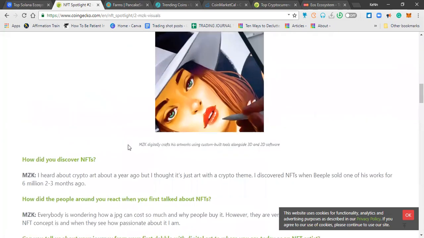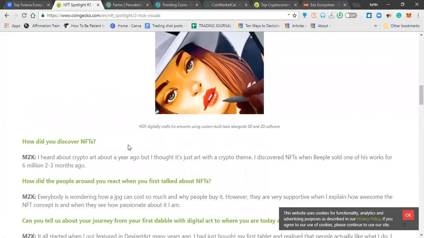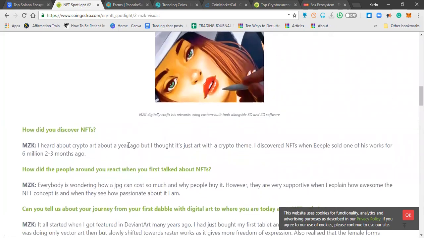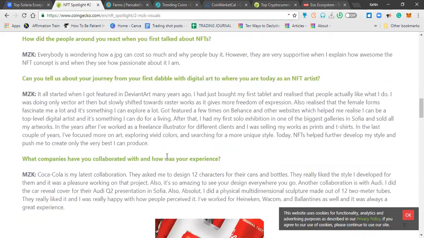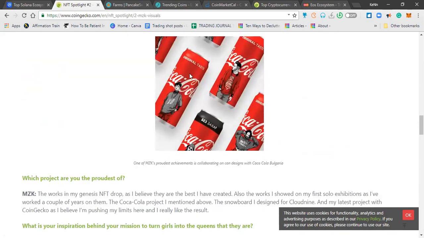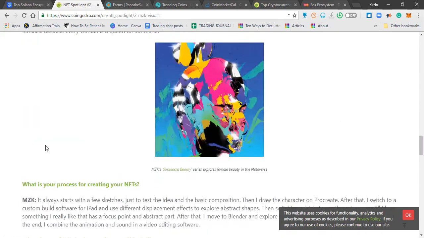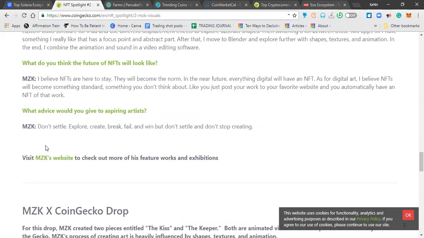He's painting. Okay, see now. He writes about himself, his NFTs. Okay, these are some of his other artwork. So he is on the spotlight today.